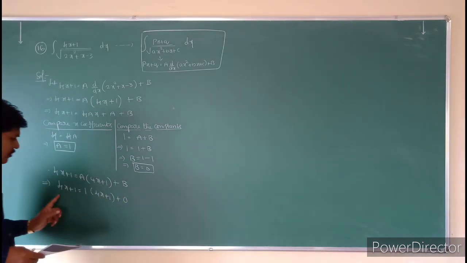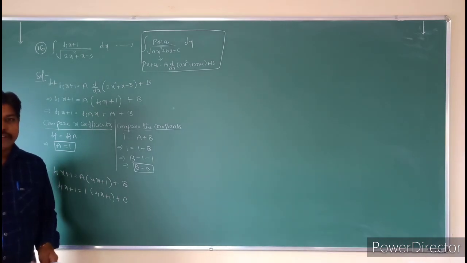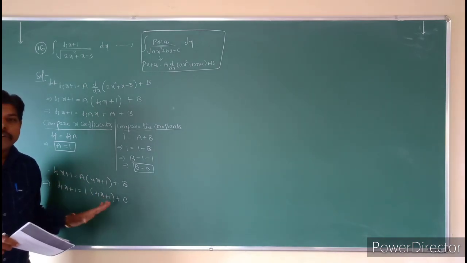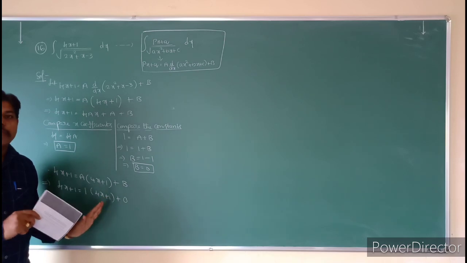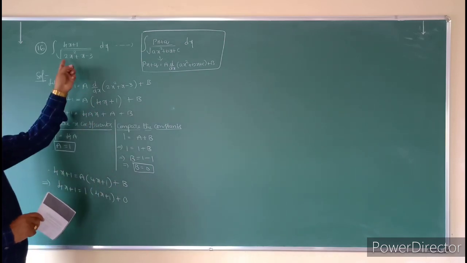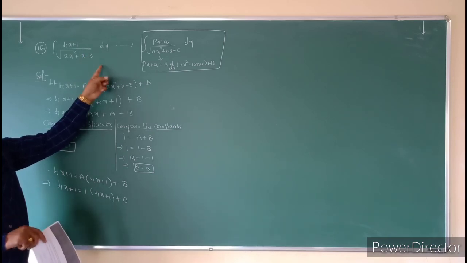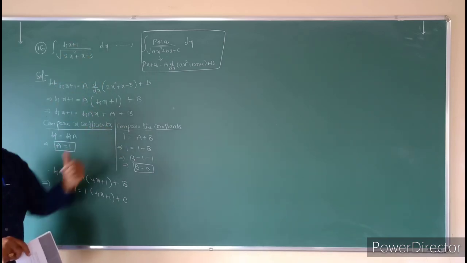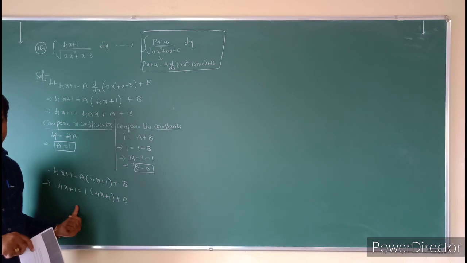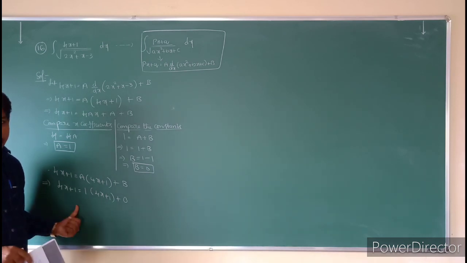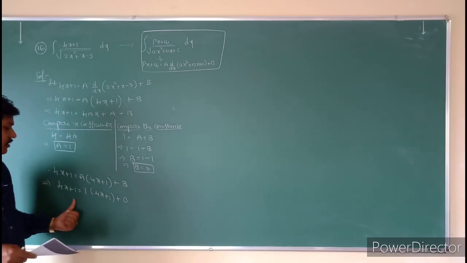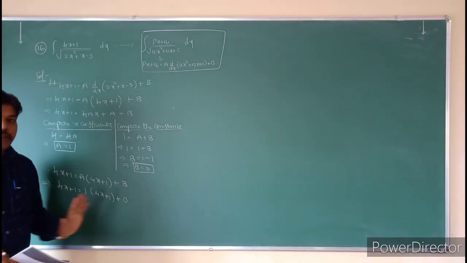Sir, 4x plus 1 is the 4x plus 1, why did you change that? Because in this particular problem, the derivative of 2x square plus x minus 3 is 4x plus 1. That's why you are getting this one. Do you understand that? I will tell you the second method also. So first see that one: 4x plus 1 can be written as 1 into (4x plus 1) plus 0.